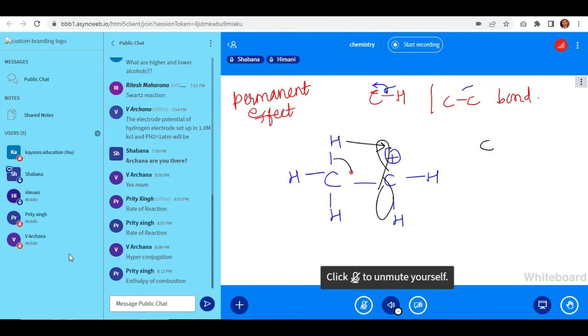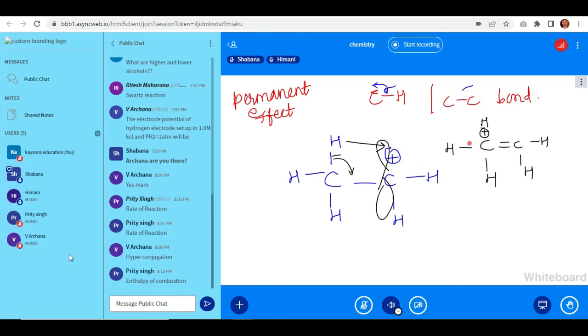So how this will happen: this double bond shifts here, so it becomes a double bond. This single bond shifts here and becomes a double bond. And the bond between H and C is broken and it becomes C plus. Now there is one more possibility.